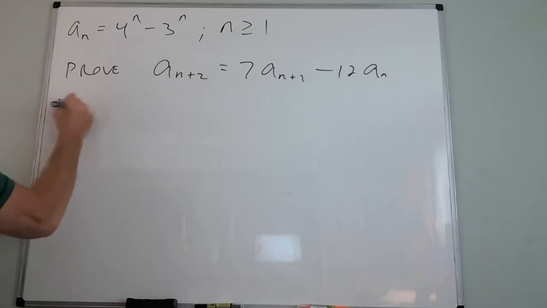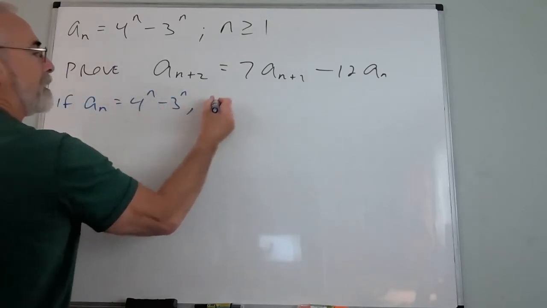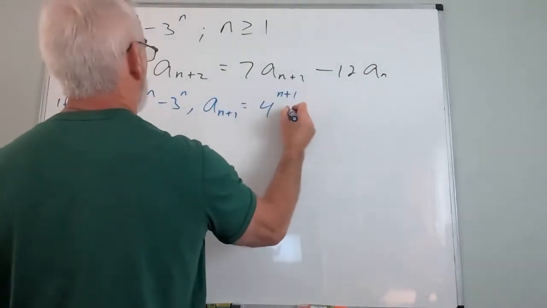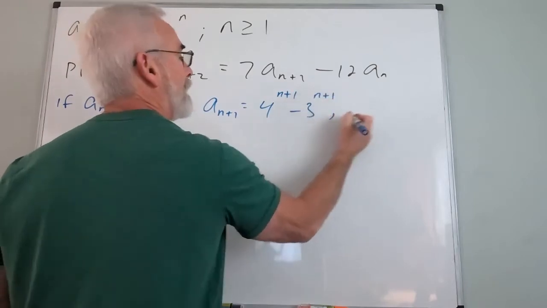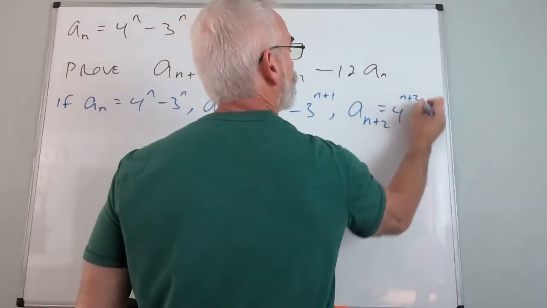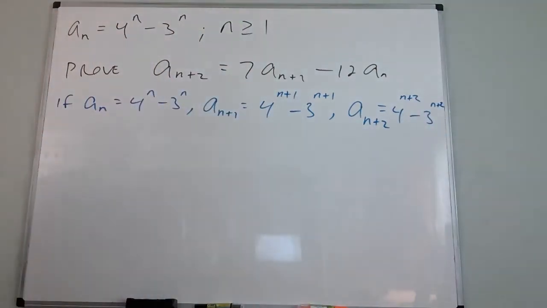Well, if a_n equals 4^n minus 3^n, then a_{n+1} would have to be 4^{n+1} minus 3^{n+1}. And a_{n+2} would have to be 4^{n+2} minus 3^{n+2}.